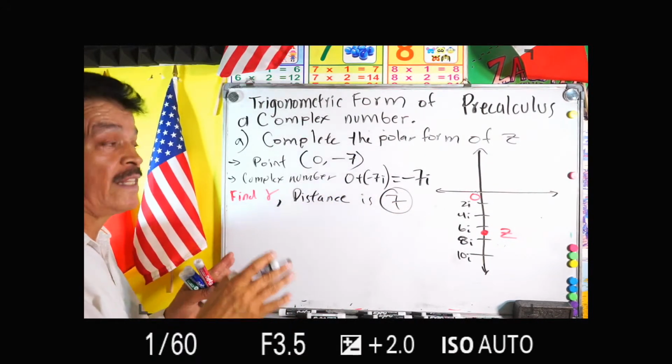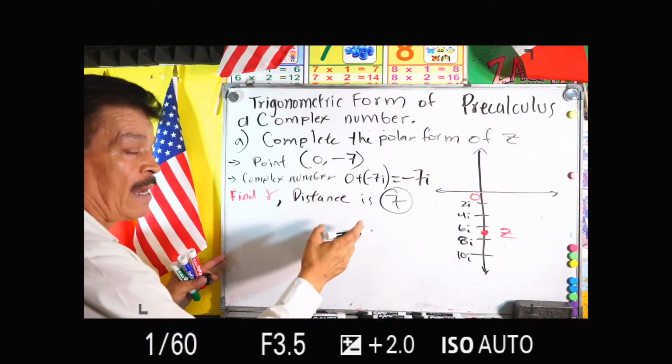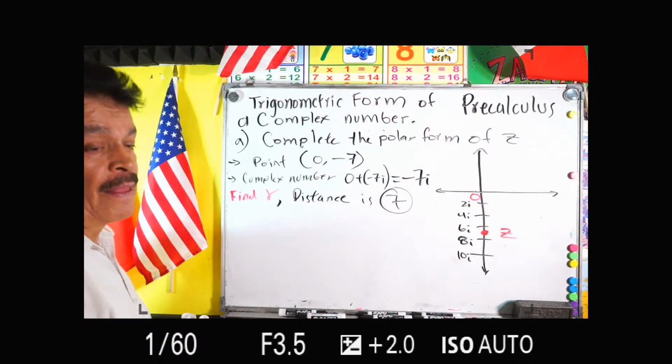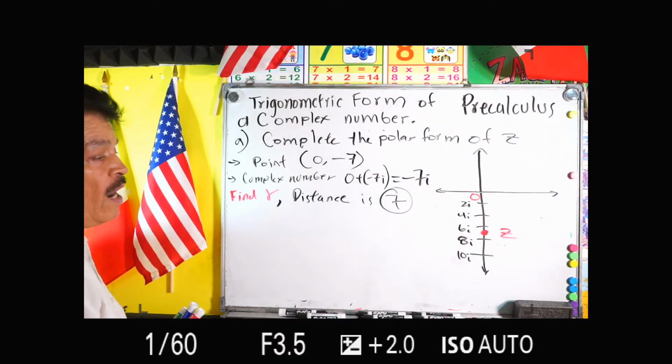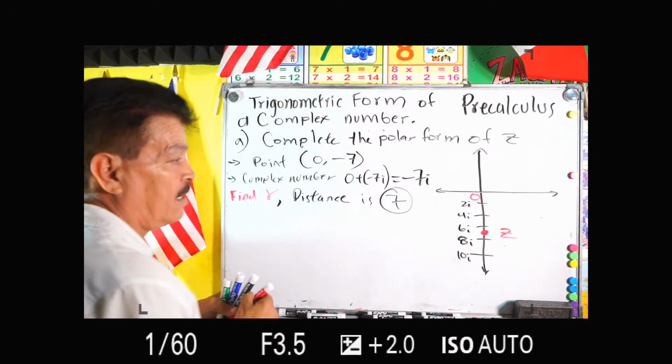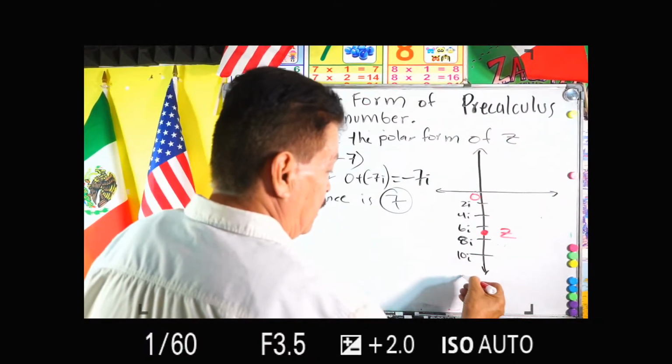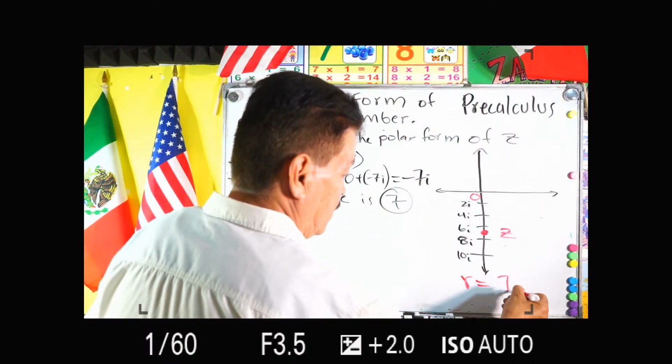We are talking about only the distance, the absolute value. So r here is equal to 7.